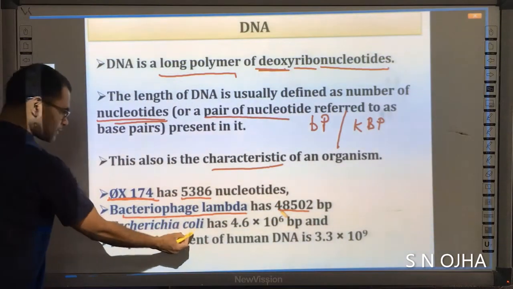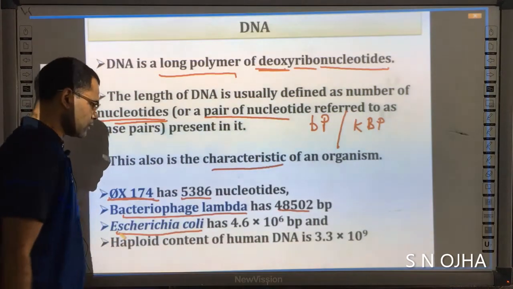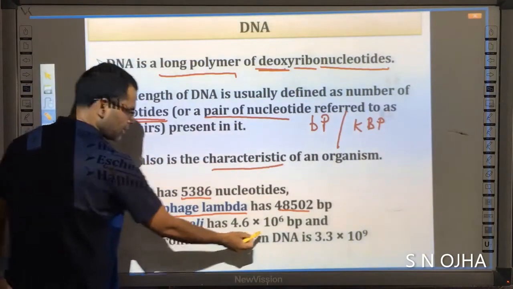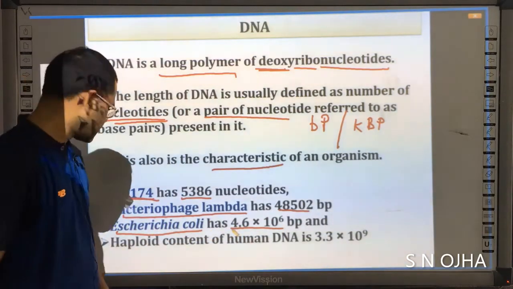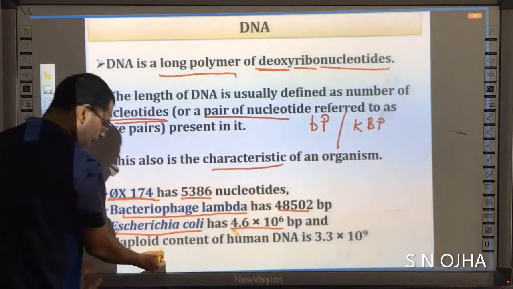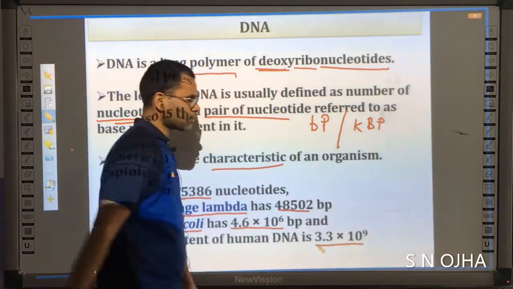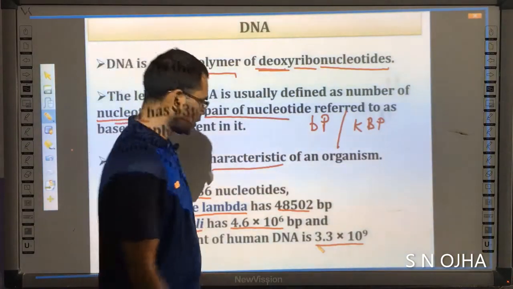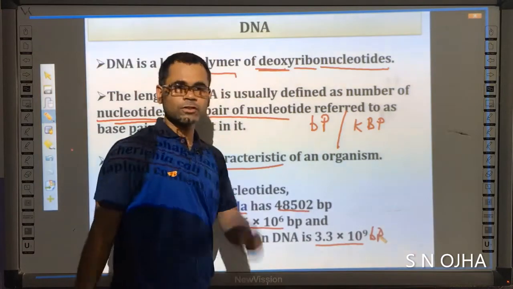E. coli, a very common bacterium we have studied many times, has 4.6 into 10 raised to power 6 base pairs. And the haploid content of human DNA is 3.3 into 10 raised to power 9 base pairs.